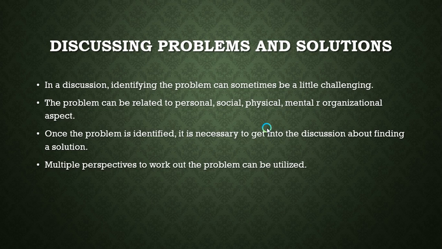If it is a physical problem, then you must consult the doctor and go through proper medication. Before that you need to discuss it, and before that you need to identify it. If you are having some problem with your physical body, then you must be open to discuss it. There are certain issues that people are scared of or shy about.